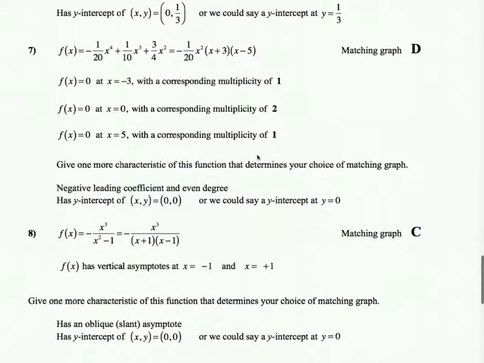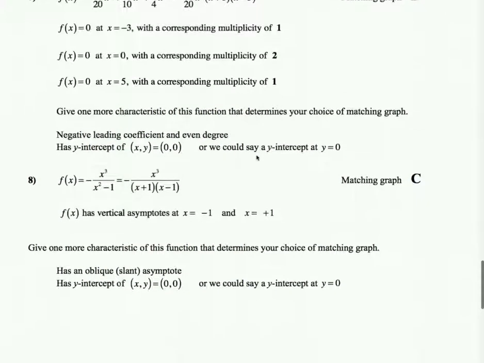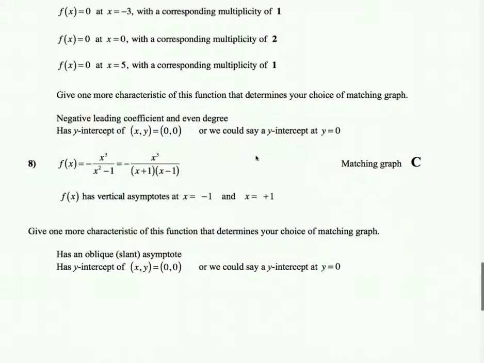Now, moving to question 8, we see that it is a rational. And we could just about say, well, graph C is the only other rational left, so let's choose that. But let's make sure. The question requires us to give the vertical asymptotes and one more characteristic.